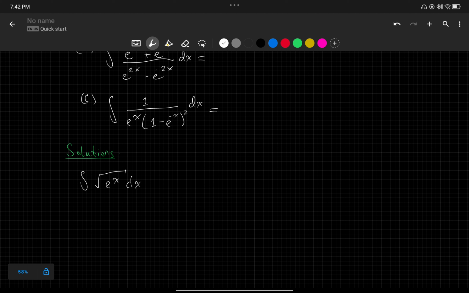And this is to the power of 1/2. Power of 1/2. Well, when you have power over power, you multiply. x over 2. So now here the only possible choice, or I should say the obvious choice, is that x over 2 should be u.